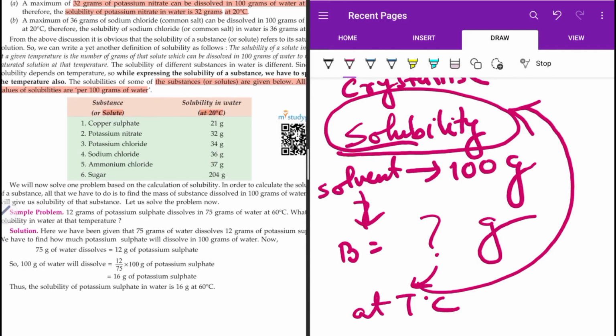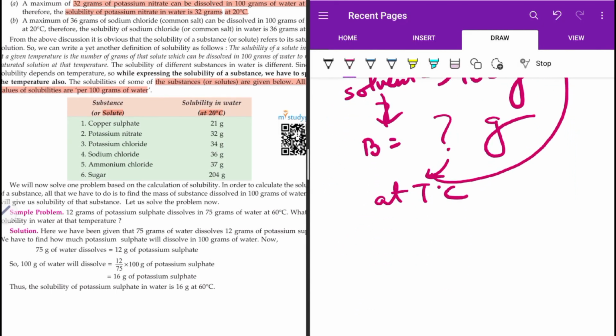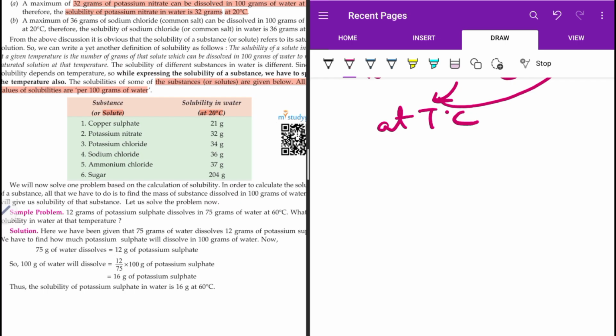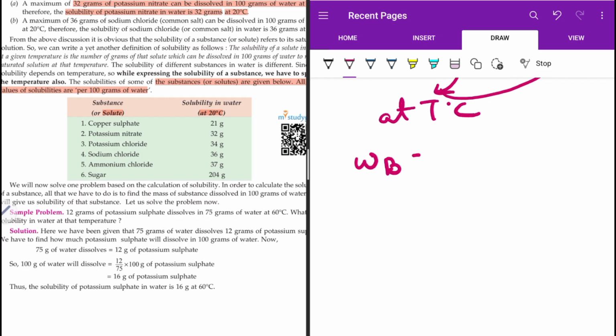So another question is given: 12 gram of potassium sulfate. Suppose potassium sulfate is the solute, so WB is equal to 12 gram. Now, what is potassium sulfate?